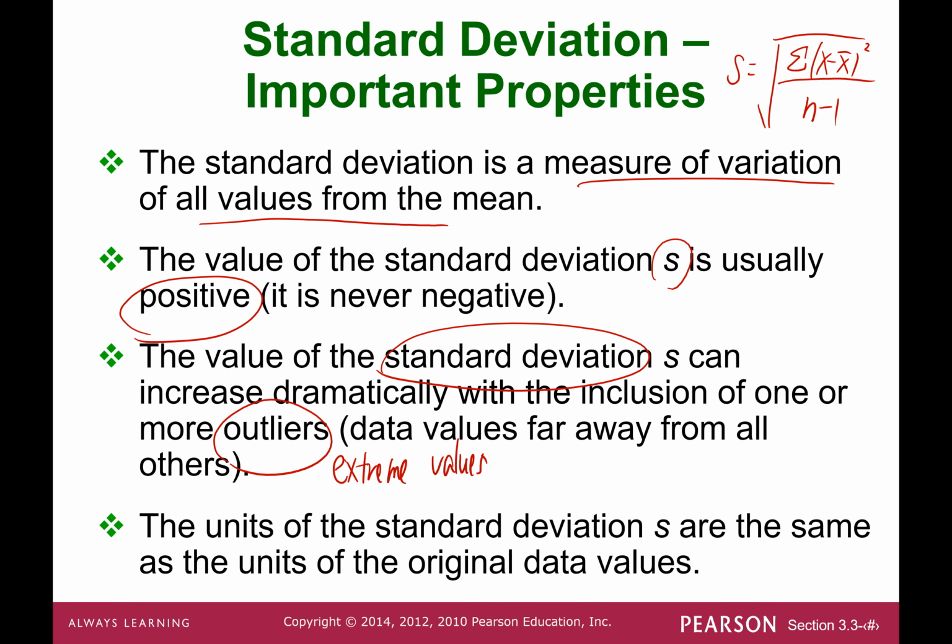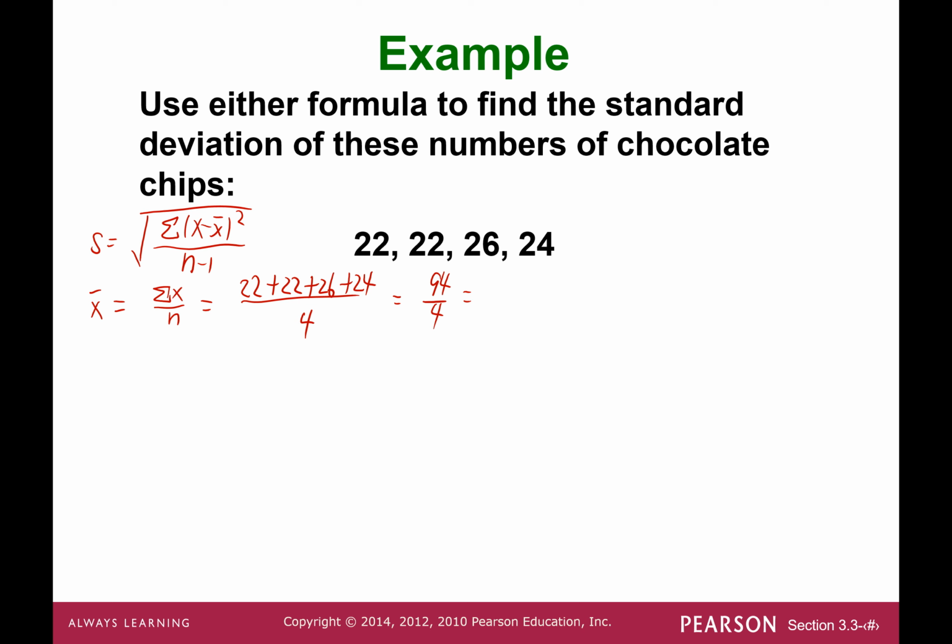So you sum up 22, 22, 26, 24, and divide by 4. It's 50 plus 44, which is 94, divided by 4. That gives 23.5. So we have a sample mean of 23.5.